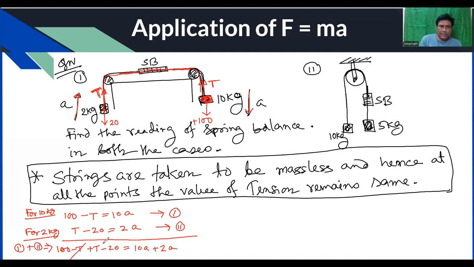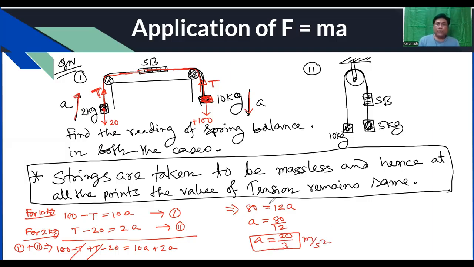So 100 minus 20 is 80, and 10A plus 2A is 12A. So acceleration equals 80 by 12. Dividing by 4, acceleration is 20 by 3 meter per second square.